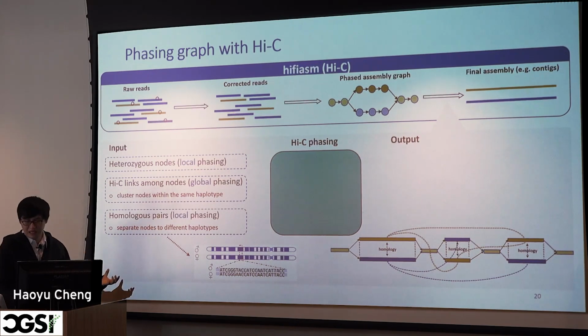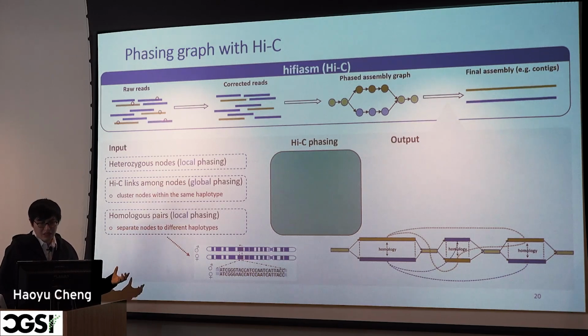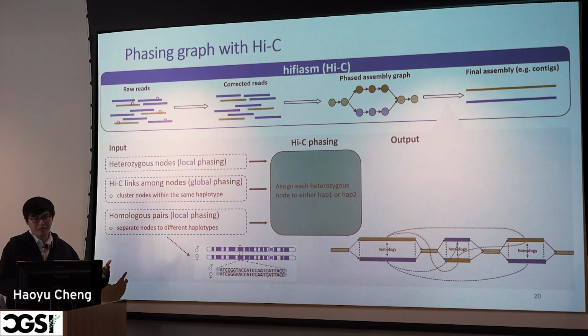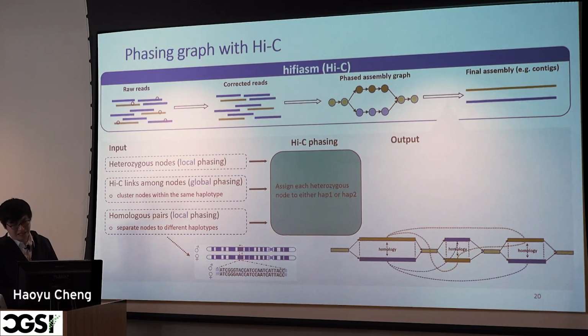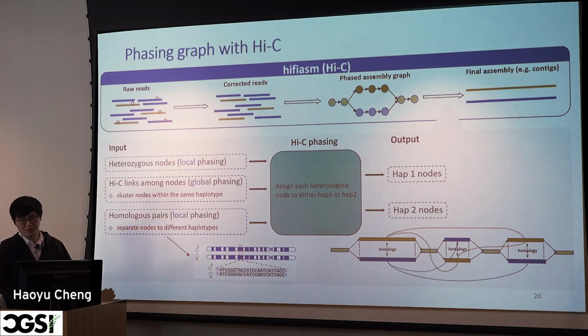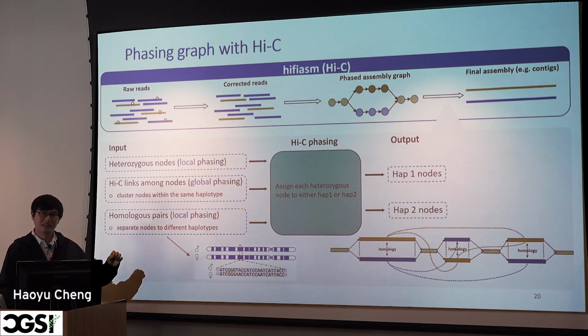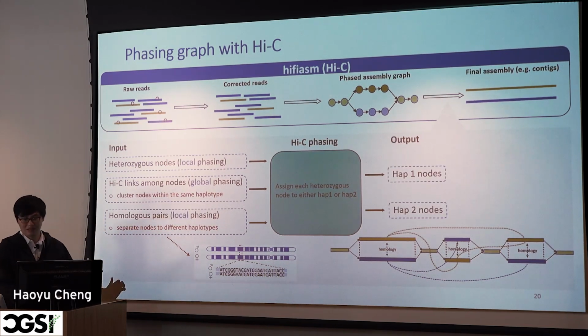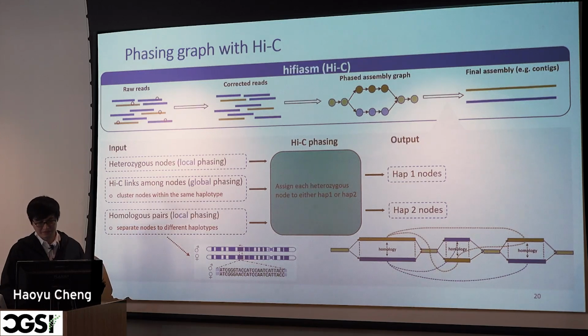This information helps us separate the nodes into different haplotypes. We combine these three types of information to finally assign each heterozygous node to either haplotype 1 or haplotype 2. Finally, we should get two sets, one set for each haplotype. That is the result we would like to have.